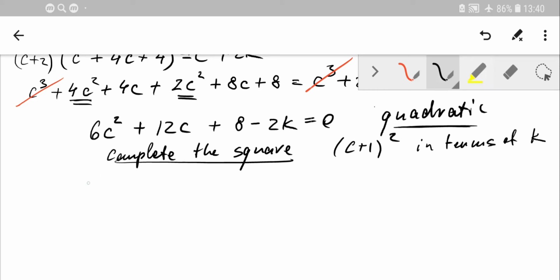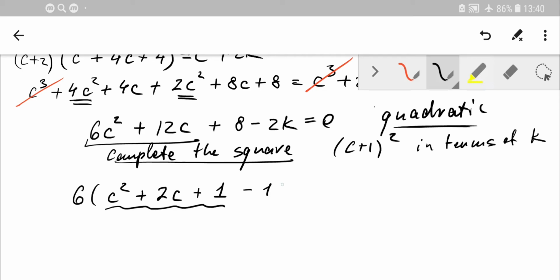We just need to first factorize 6 in order to have c squared, then plus 2c. Then we're thinking what to add inside, so I'll add simply 1. I immediately subtract 1, and that expression is already complete square. Okay, so then plus 8 minus 2k equals 0.